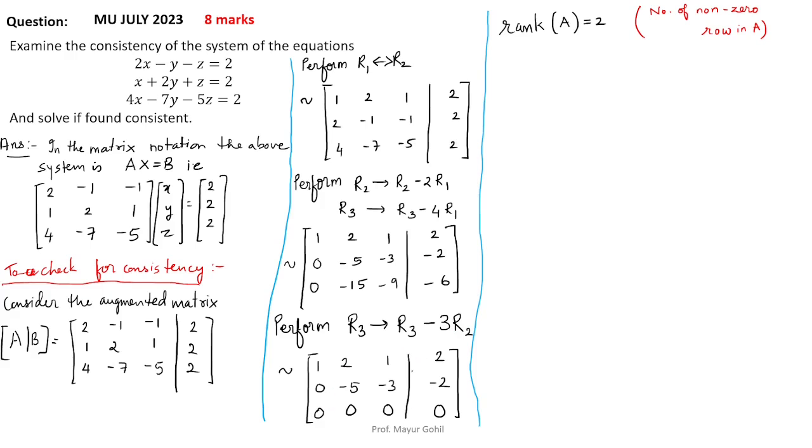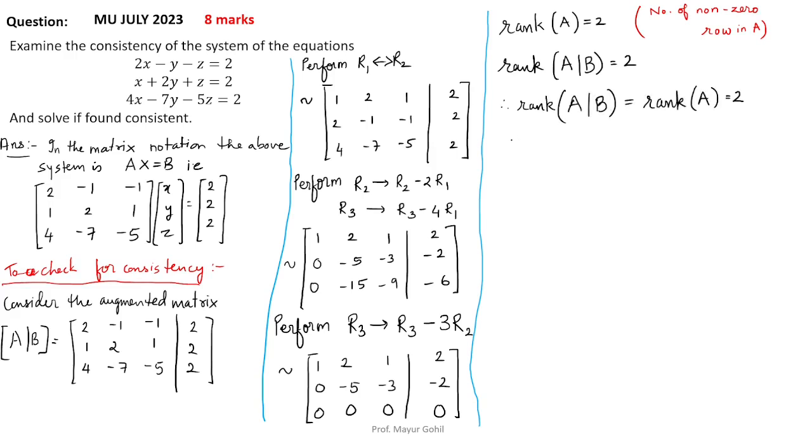You can see, if you just delete the dividing line here, you can see that it is going to be again 2. So I directly write here that the rank of AB is 2. Now what did we see from consistency?